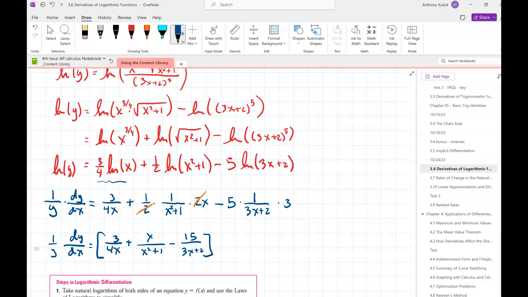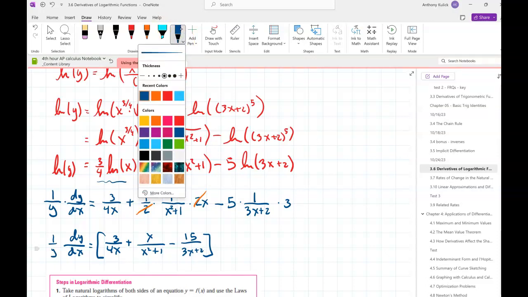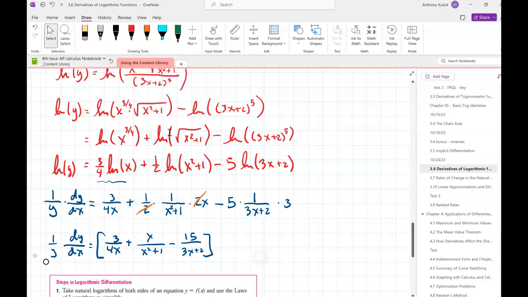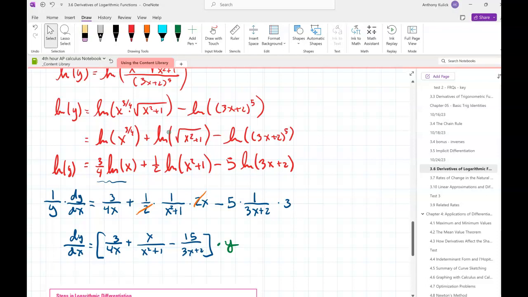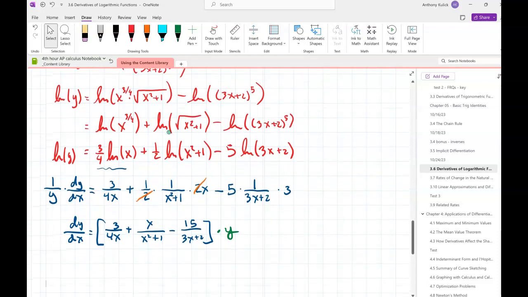Right? And then I'm going to multiply both sides by y to get the dy dx by itself. And then what does y equal?